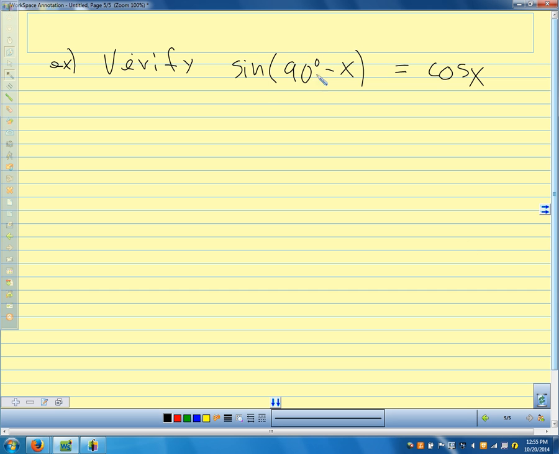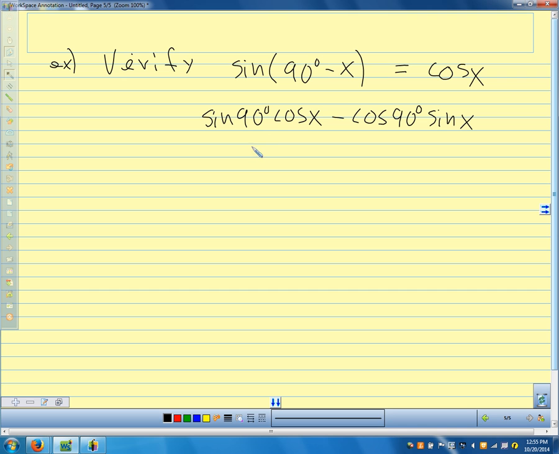This is the difference of two angles, so we can use our difference formula. This is the sine of 90 degrees times the cosine of x minus the cosine of 90 degrees times the sine of x, using the difference formula for sine.